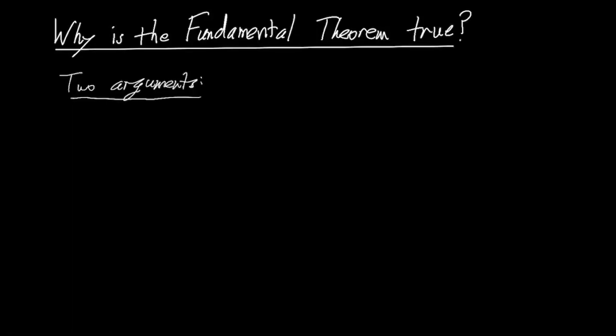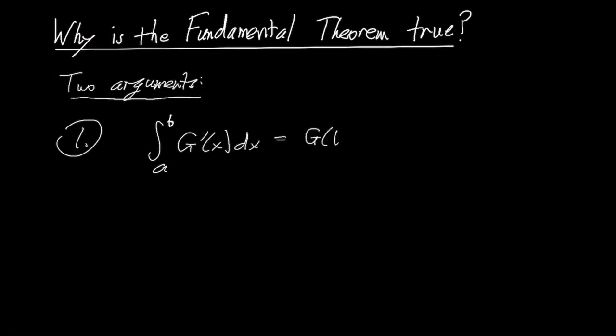For the first one, let me restate the fundamental theorem. It says that the integral from a to b, normally we said f of x, but I'm going to put in g prime of x, because we said we're going to anti-differentiate little f and get big G. We could rewrite it this way: if we don't want to state two different functions, we're really just talking about the function g, and we're saying if we integrate its derivative, we just get the values of the function at the endpoints and subtract.